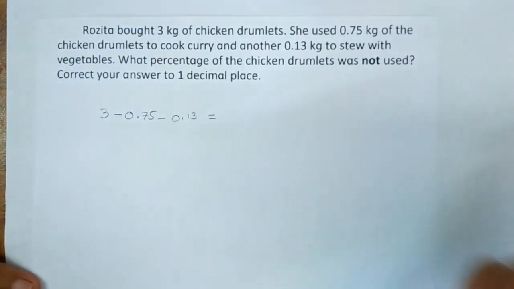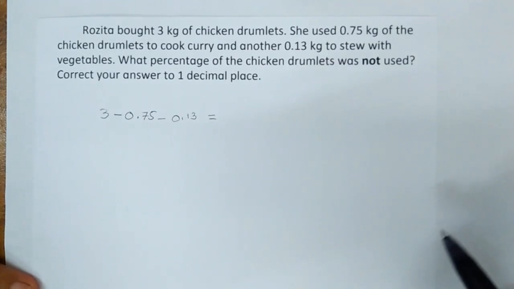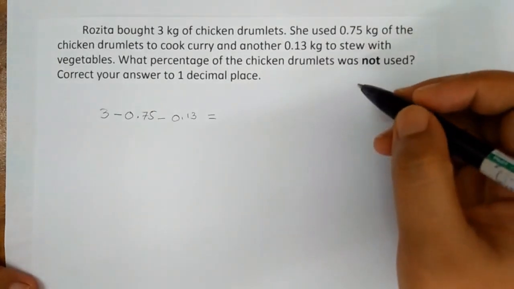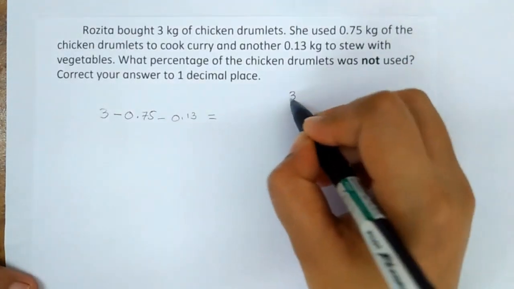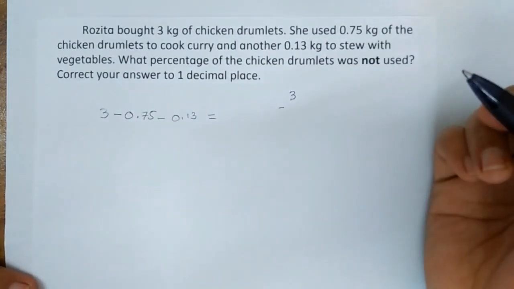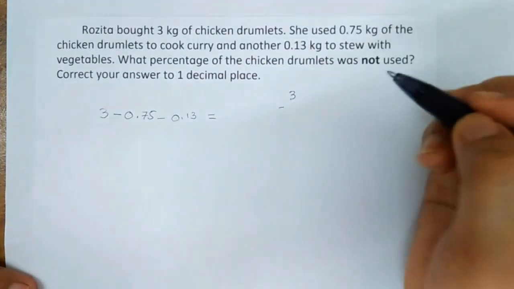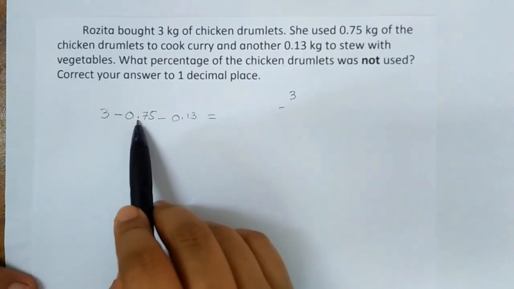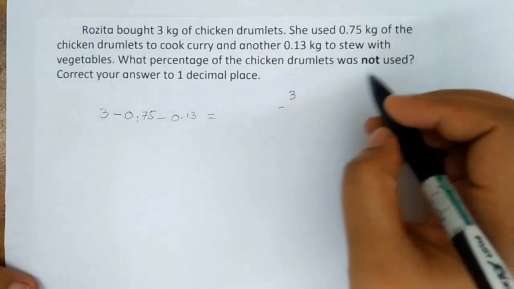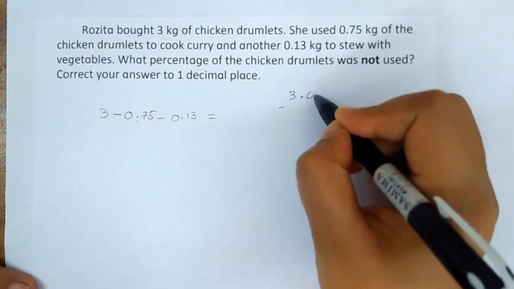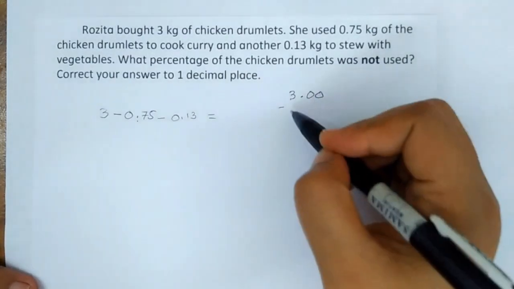The difference will be the number of kilograms not used. So we're going to subtract this. So 3 minus 0.75. You can see we have decimal point. So what we're going to do, make 3 as 3.00.